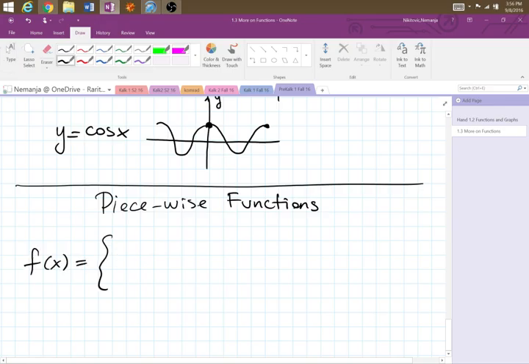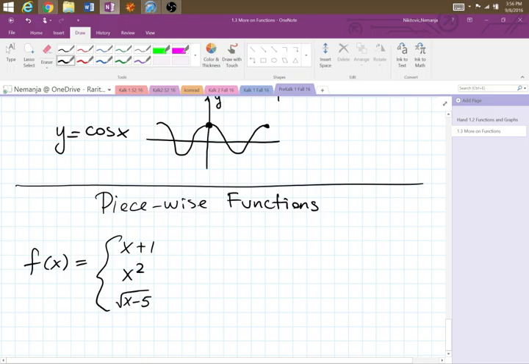It has this big brace, and let's say you have x plus 1, let's say you have x squared, and then maybe let's do a third piece. I don't know, what should we use for the third piece? How about square root of x minus 5?